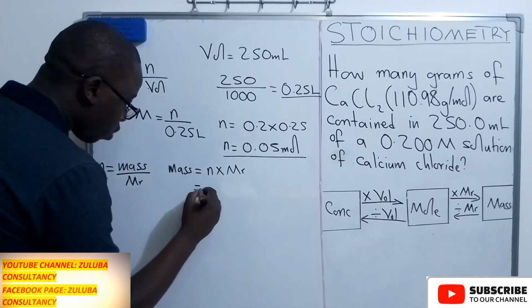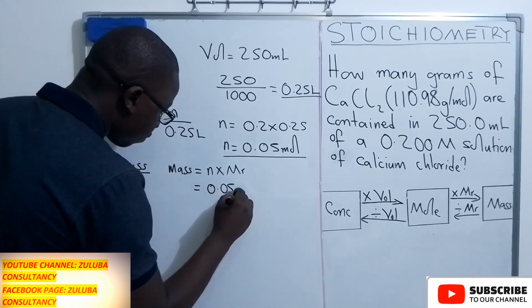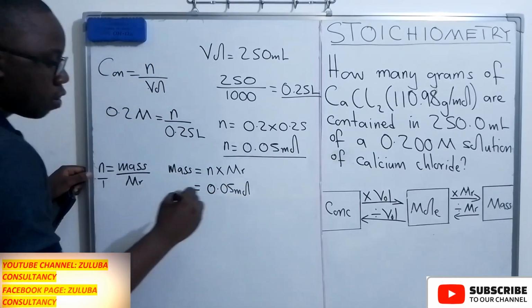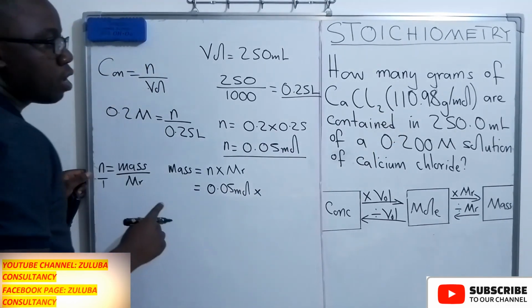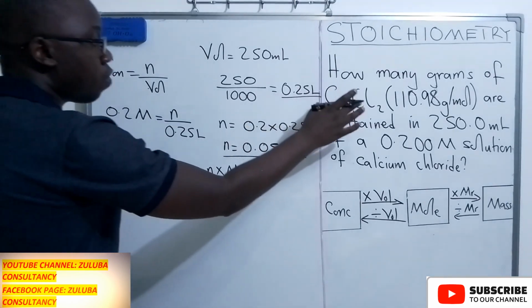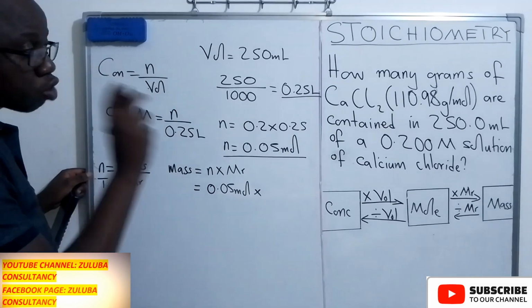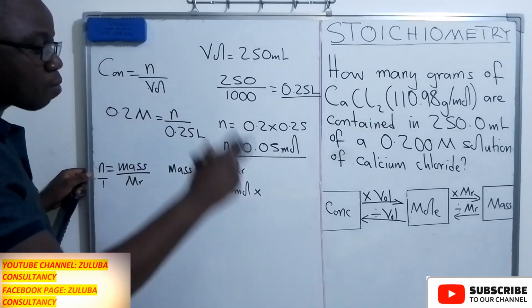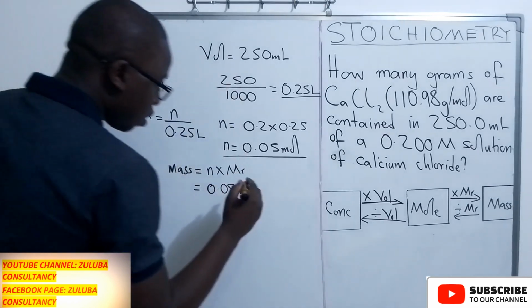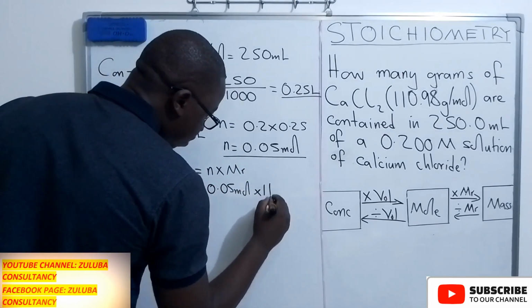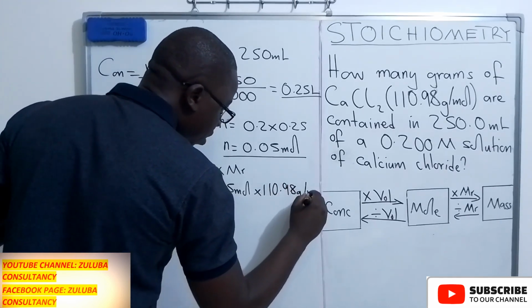So the number of moles we have found is 0.05 moles. And then the relative molecular mass we have been given is 110.98. If we were not given, we would have simply used the periodic table and got the atomic masses, then found the sum of the atomic masses to get the relative molecular mass. So in this case, we have been given 110.98 grams per mole.